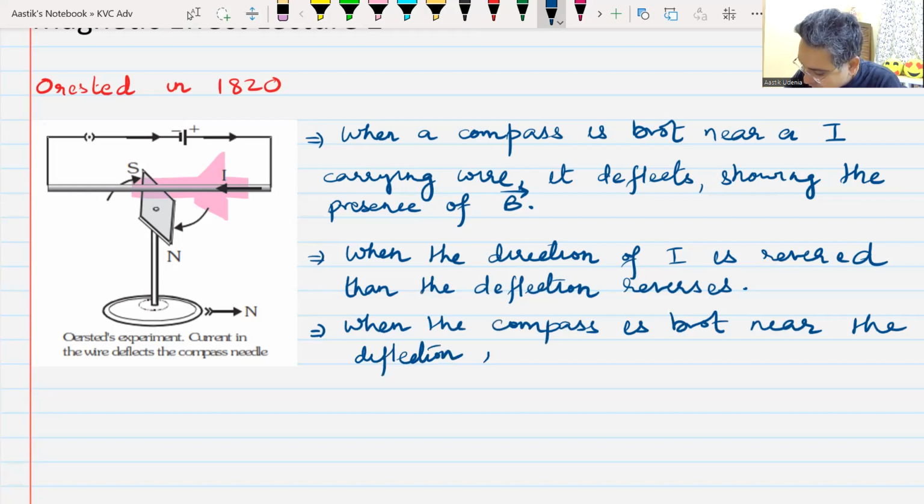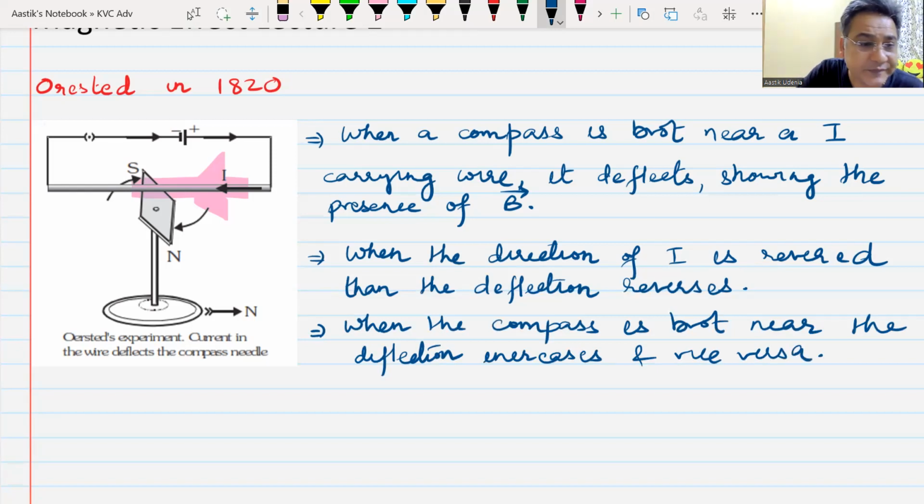So, this experiment tells us that a current carrying wire produces a magnetic field. This experiment came to be known as the Oersted experiment.